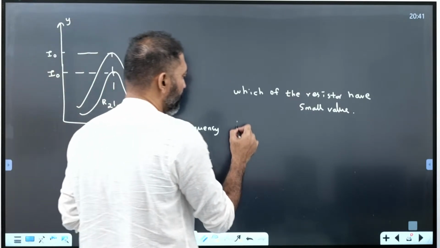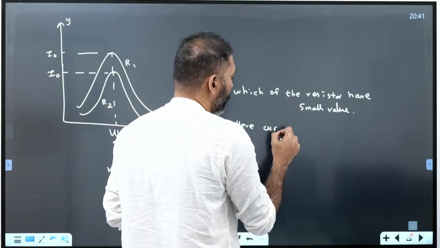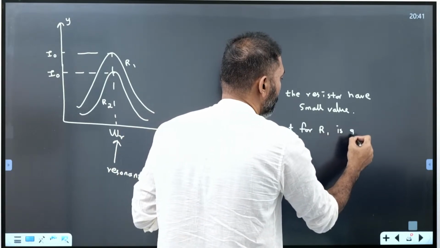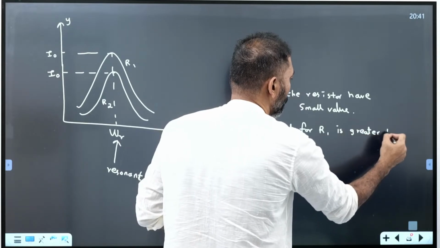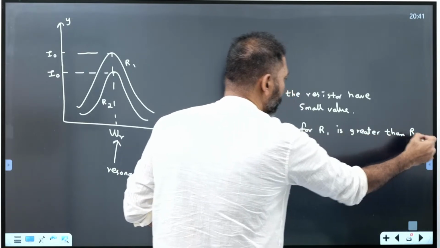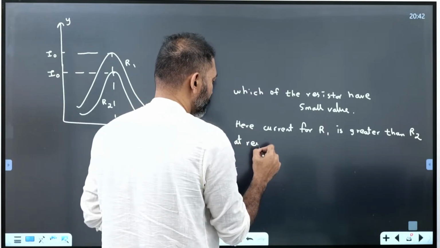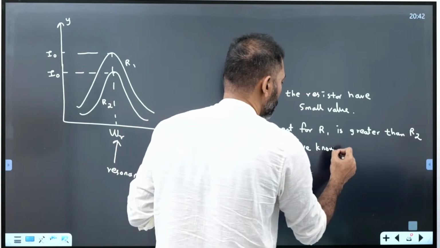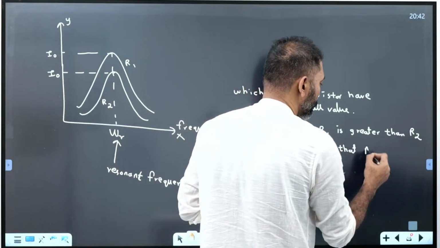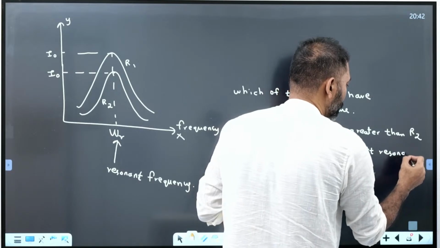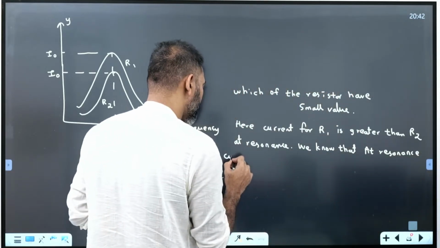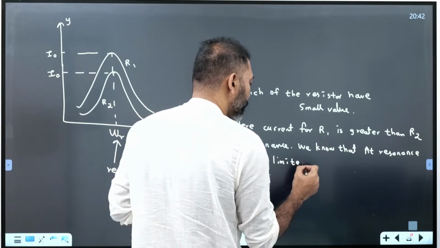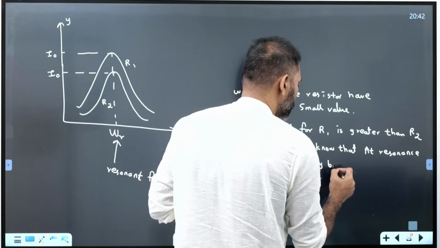Here, current for R1 is greater than R2 at what time? At resonance. We know that at resonance, current is limited only by resistance.